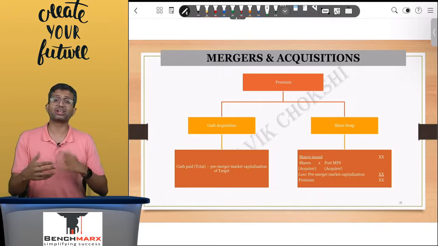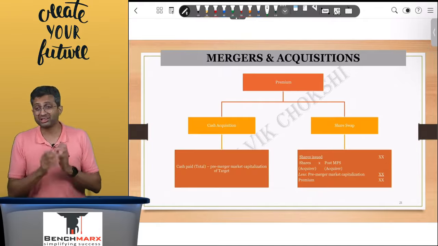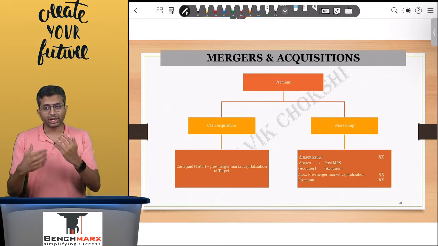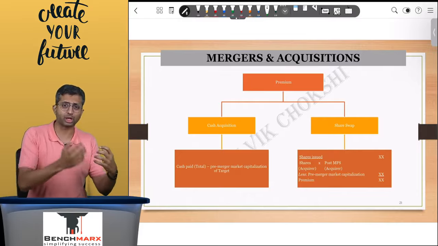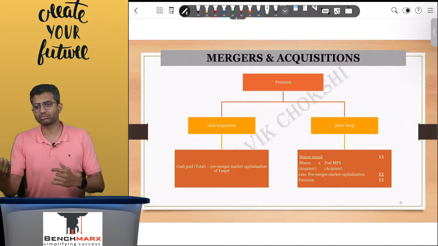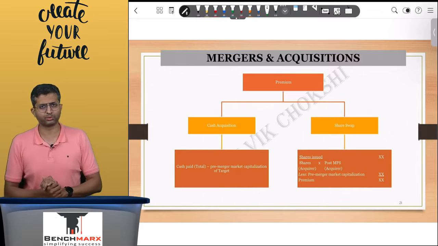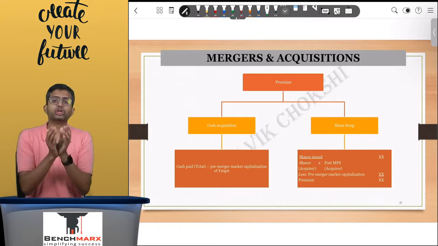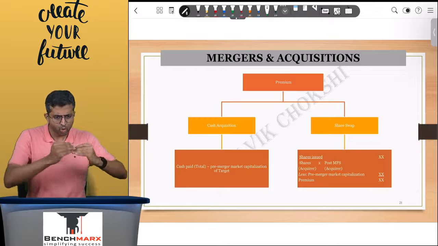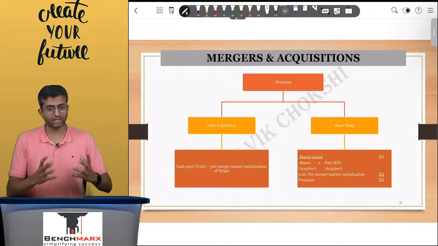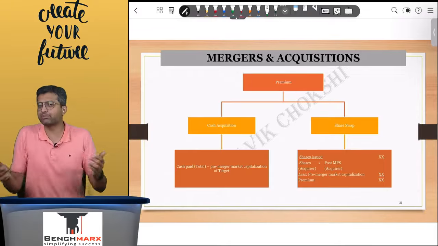In certain questions, you might also be asked to do something called impact analysis. That is, you will comment on whether the shareholders of the acquirer are better off or worse off, or the shareholders of the target are better off or worse off. If nothing is given, you will do this impact analysis based on market price, where you will compare the post-merger market price with the pre-merger market price for the acquirer shareholders, and you will do the same exercise for the target.